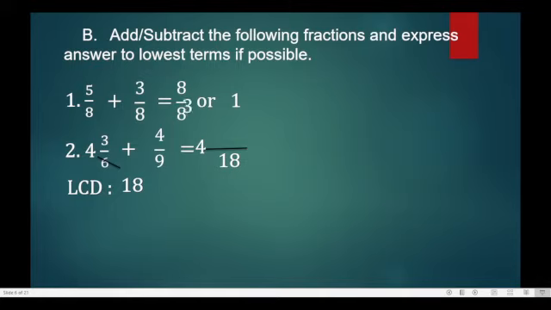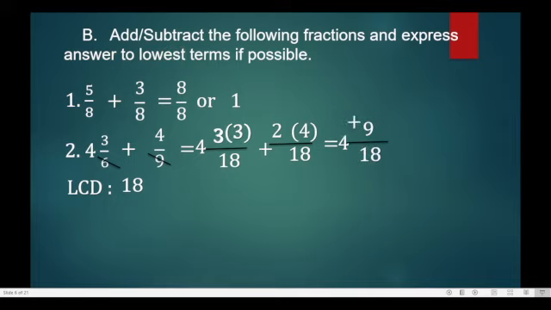So that is 3 times 3, and 18 divided by 9 is 2 times 4. So that will be, copy the whole number, and 3 times 3 is 9 over 18 plus 2 times 4 is 8 over 18.